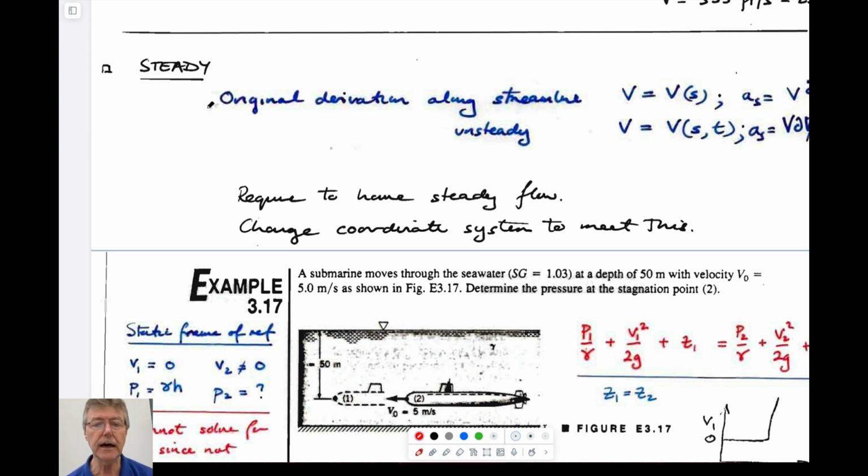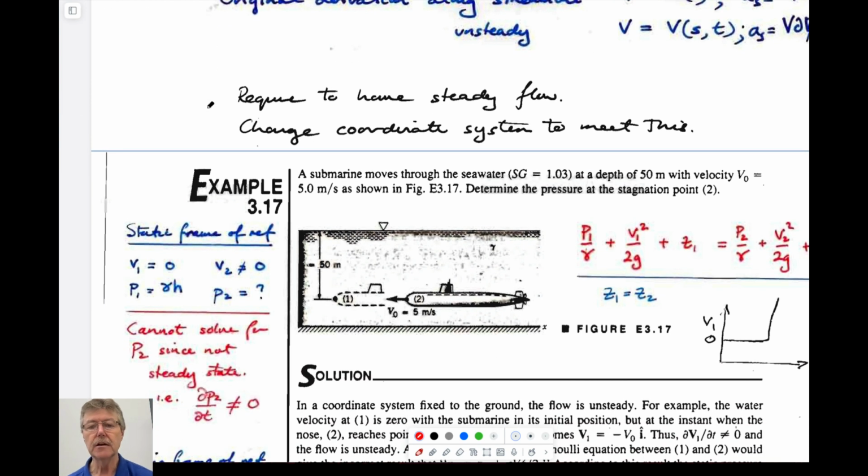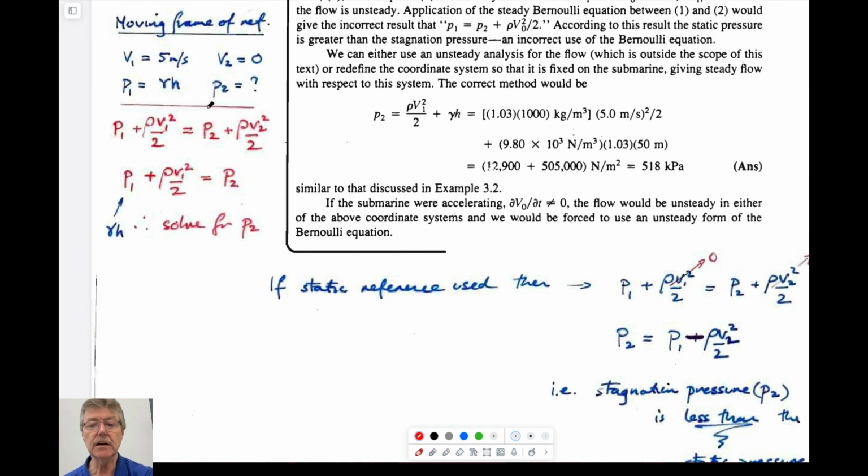So we can absolutely do that by making it steady by just choosing our frame of reference. So for the submarine, we wouldn't sit ourselves at a static location and watch the submarine go past, because that is changing the flow every single frame of our video. We attach ourselves to the submarine.